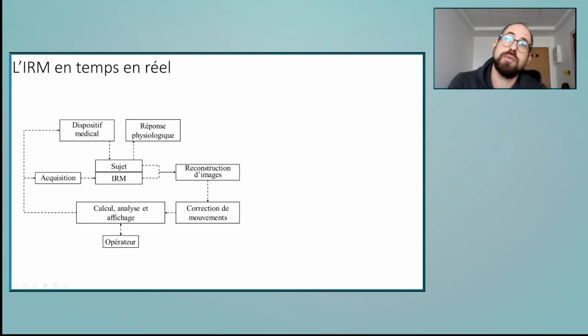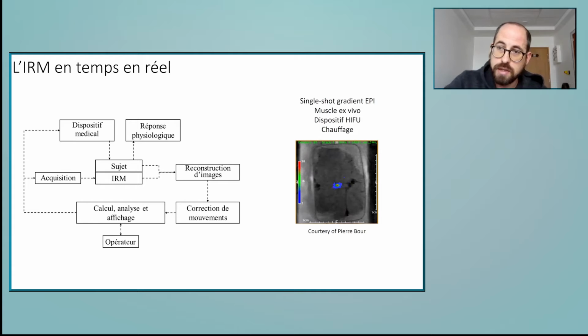The most standard case of this kind of situation is neurofeedback in functional MRI, but there is also another case with temperature mapping, where you want to monitor the temperature during a thermoablation with a medical device. This is an ablation on a piece of gel.